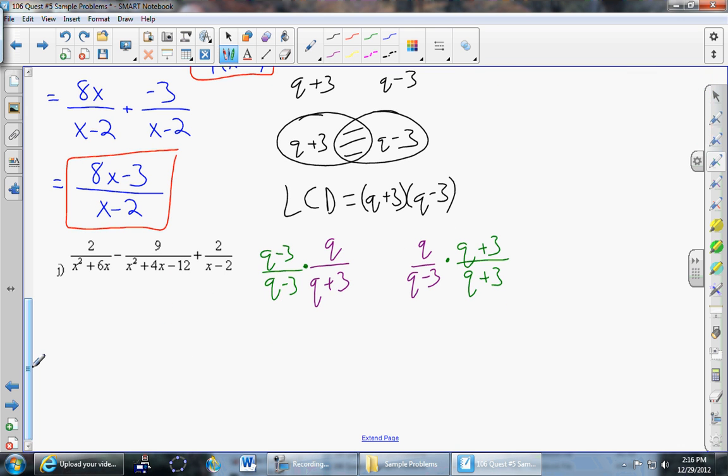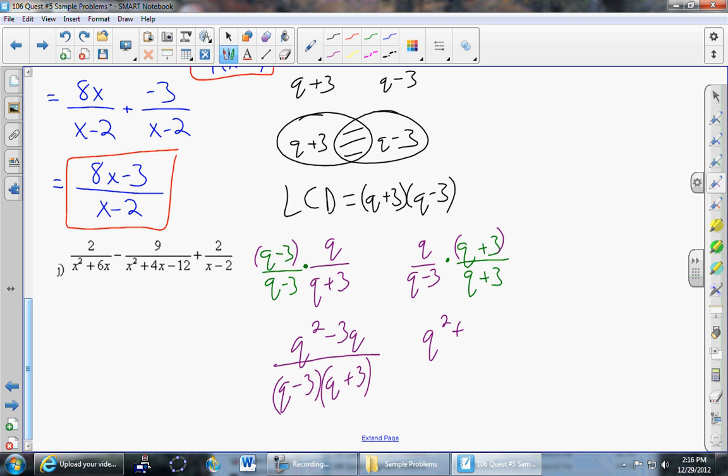Okay, continuing straight down here, we're going to distribute upstairs. So in my mind, that's got parentheses in it. So we'll distribute the q and get q squared minus 3q over the right denominator, q minus 3 times q plus 3. The other fraction, distributing: q squared plus 3q divided by the denominator.